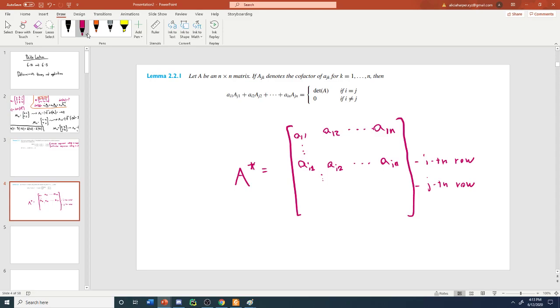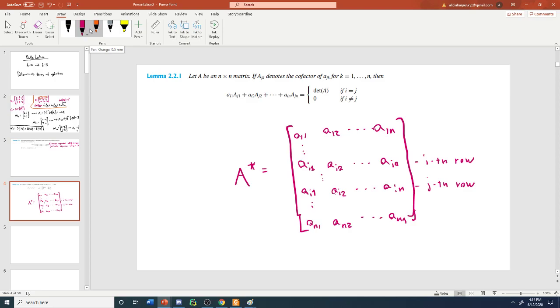And now in the jth row, we're also going to have ai1, ai2, and so on, up to ain. And then, finally, going all the way down to the bottom, we have an1, an2, and so on, up to ann. So we have this matrix, and what we can do is make some observations about it.